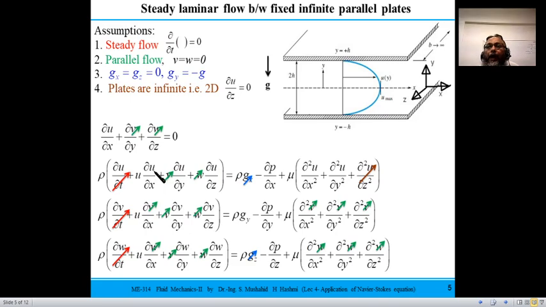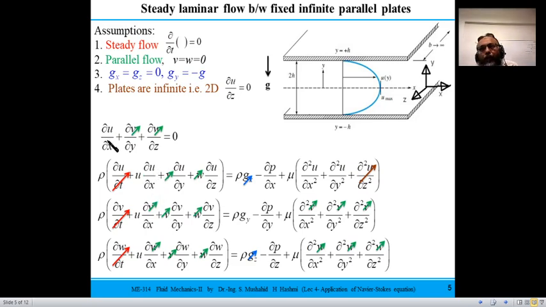So here, as you know, v and w are 0. If you employ this into the continuity equation, the velocity variation of u in x would be 0. So u is not 0, but ∂u/∂x is 0 from the continuity equation.